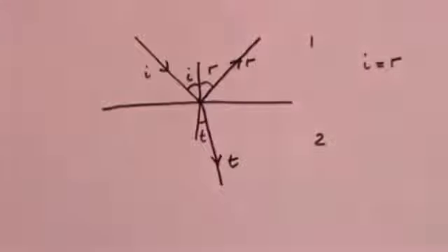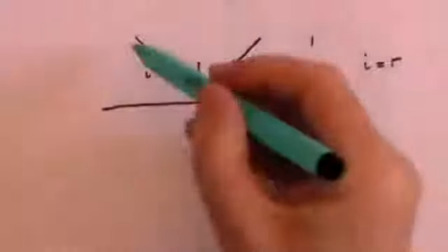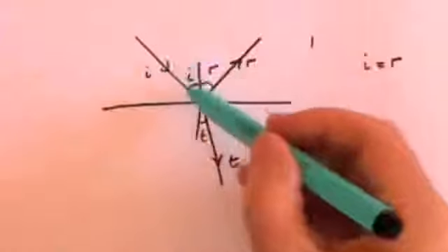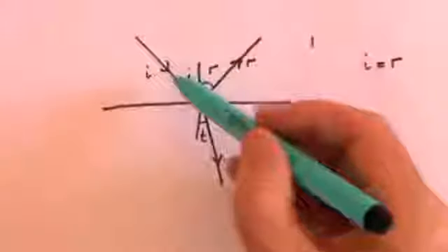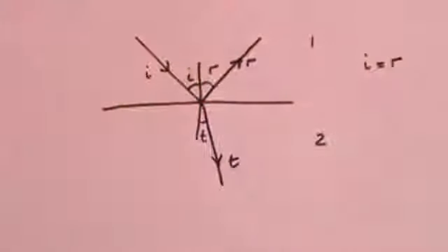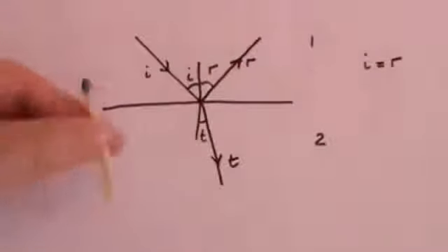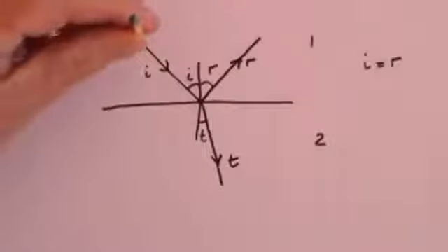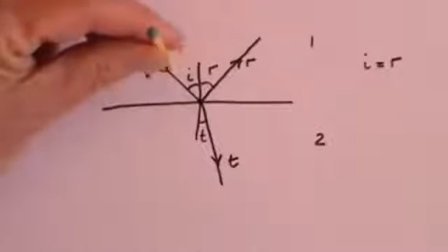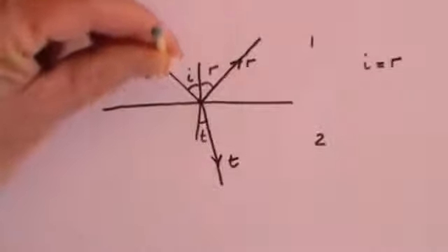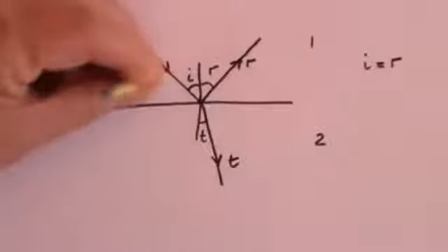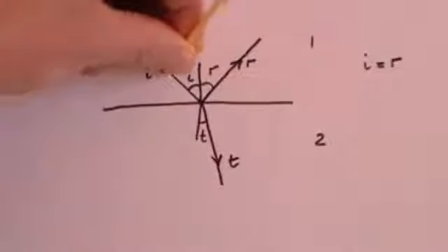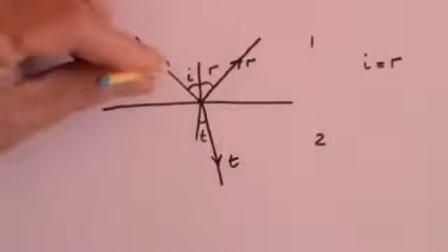Now let's just think for a moment about the electric field associated with this beam of light. So the light is travelling in this direction. So where is the E field? The answer is, and I've got a match here, and I'm going to make that match the E vector. And the fact is that E vector can be anywhere on a plane that is perpendicular to the direction of travel.